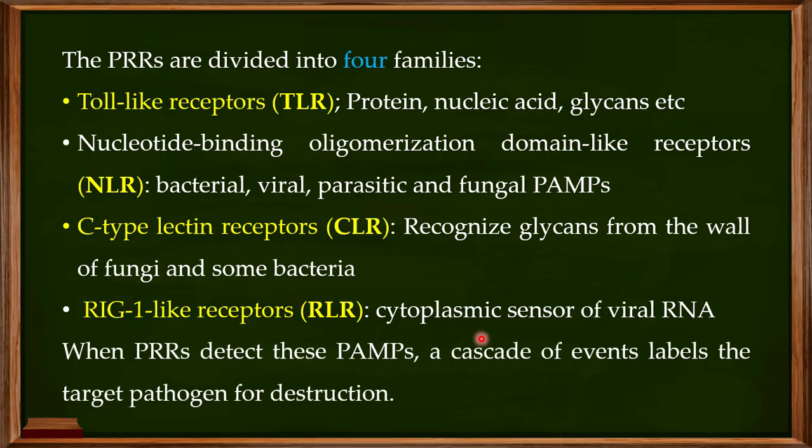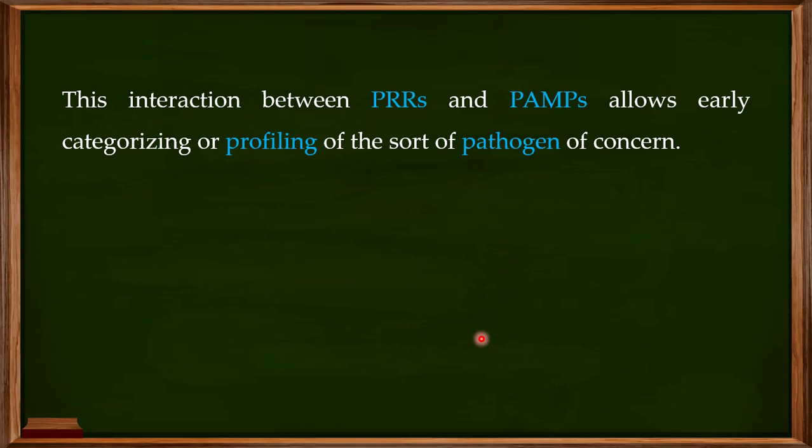When these PRRs detect these PAMPs, whatever the PAMP is, I gave you many examples of that, that leads to a cascade of events that label the target pathogen for destruction. This interaction between the PRRs and the PAMPs allows the early categorization or profiling of the sort of pathogen of concern.